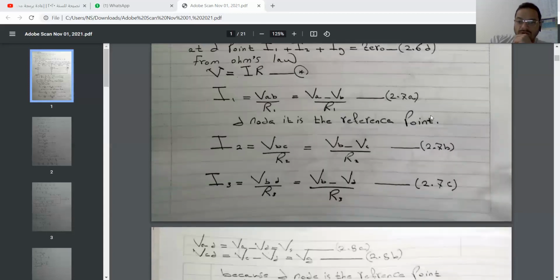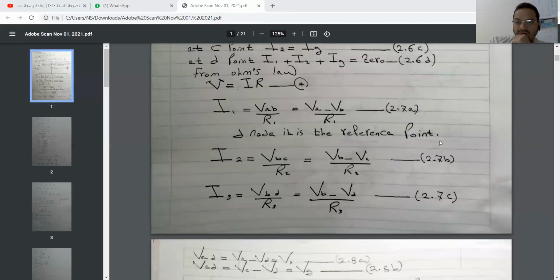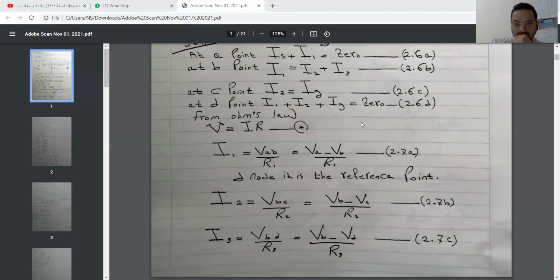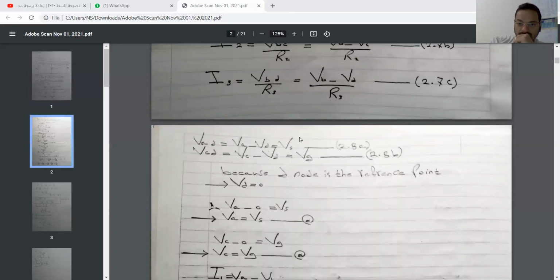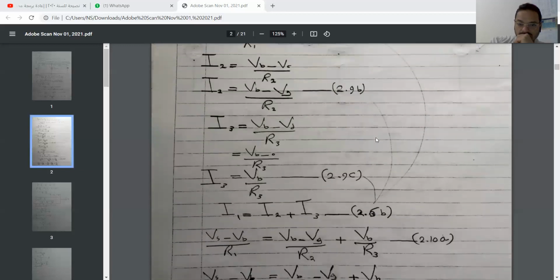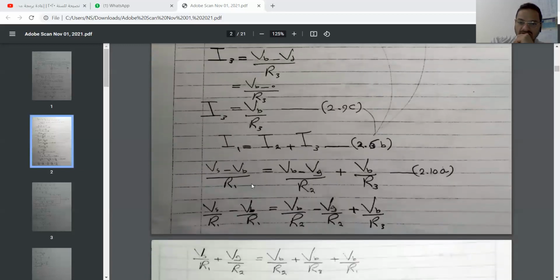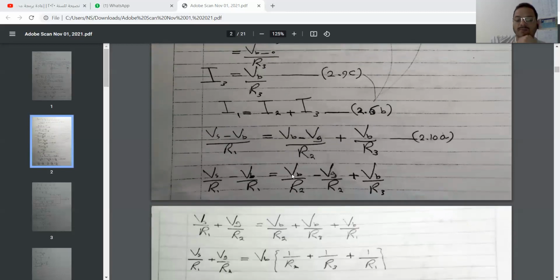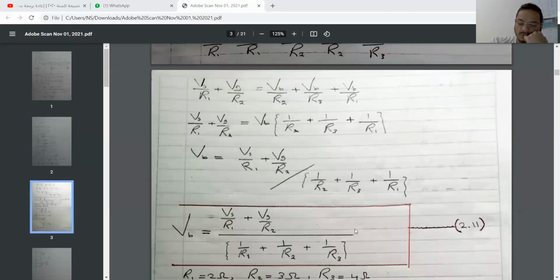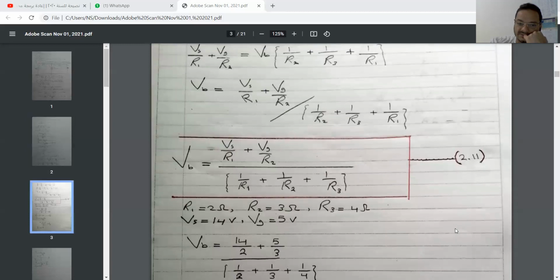As I said before, we will put all of these results into the first equation, I1 minus I2 minus I3 equals 0. By that, we will try to calculate VB. VB equals equation 2.11.